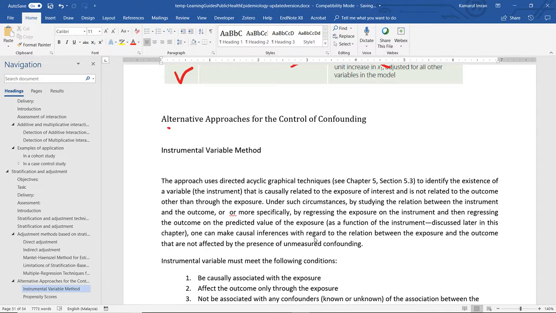There are other alternative approaches for the control of confounding. One is the instrumental variable method.